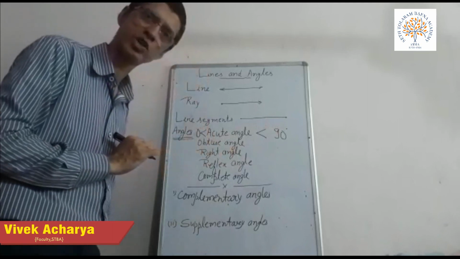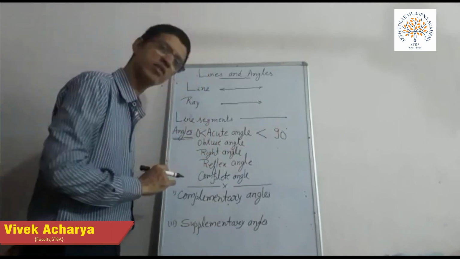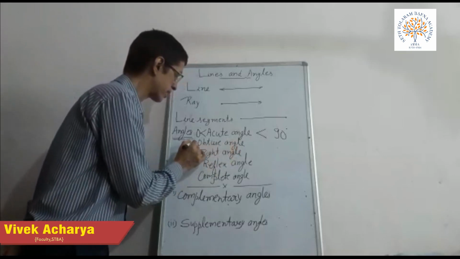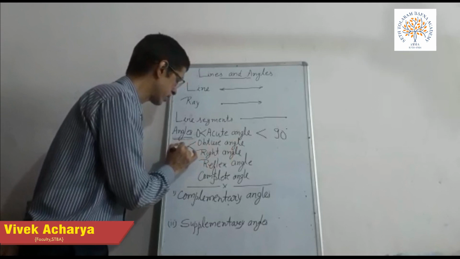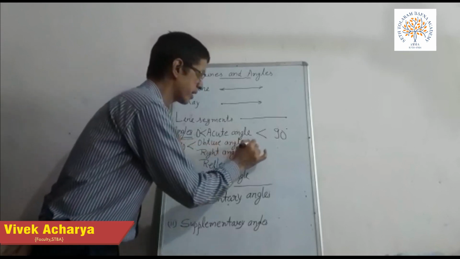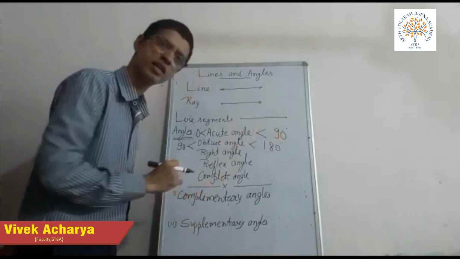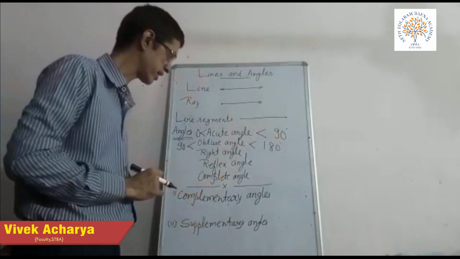That is an acute angle. The second one is obtuse angle, which is greater than 90 degrees and less than 180 degrees.